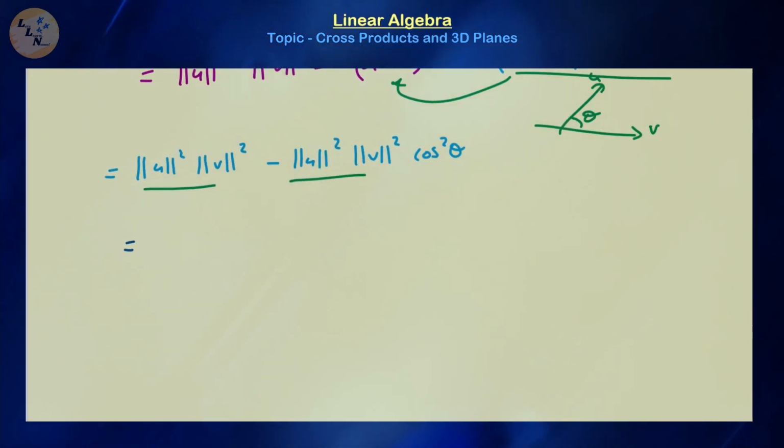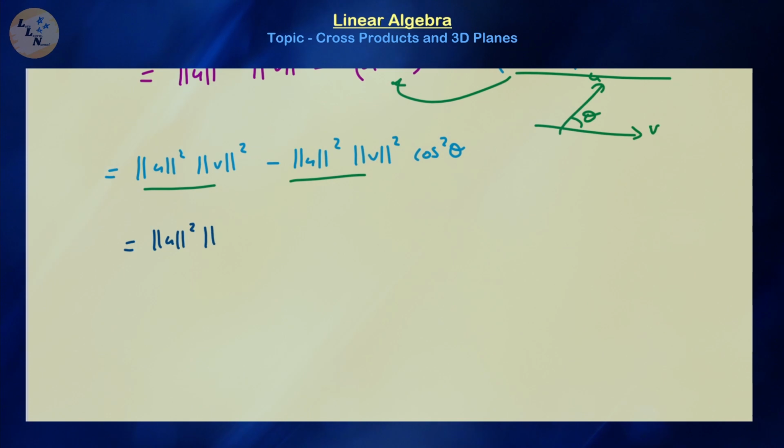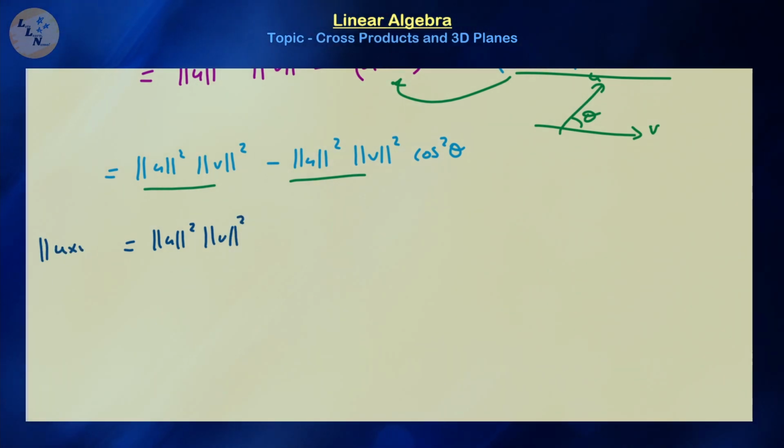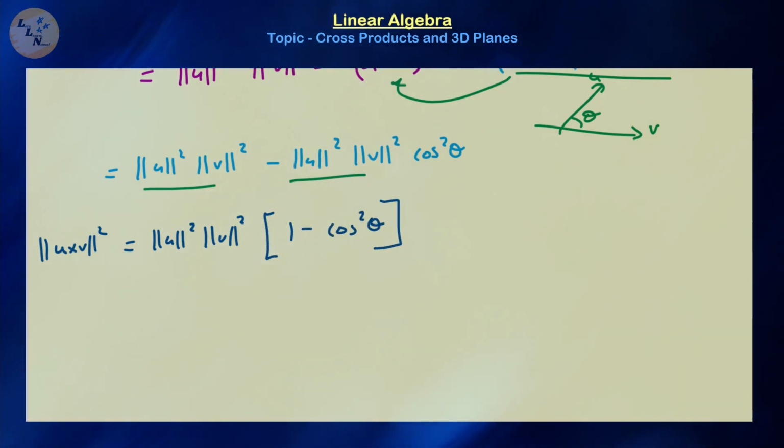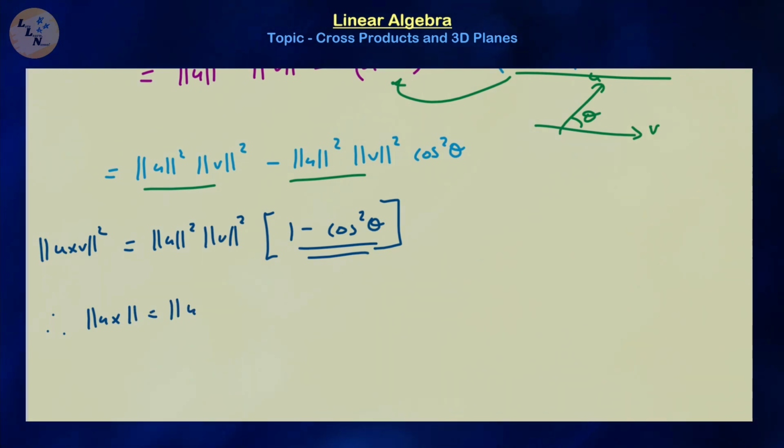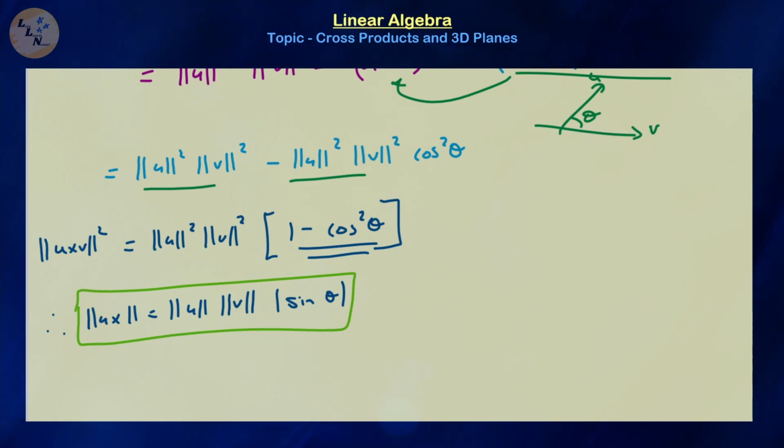This is the norm of u cross v squared, equal to norm u squared norm v squared times 1 minus cosine squared theta. From the Pythagorean identity, that's equal to sine squared. So the norm of u cross v is equal to the norm of u times the norm of v times the absolute value of the sine of the angle between those vectors.